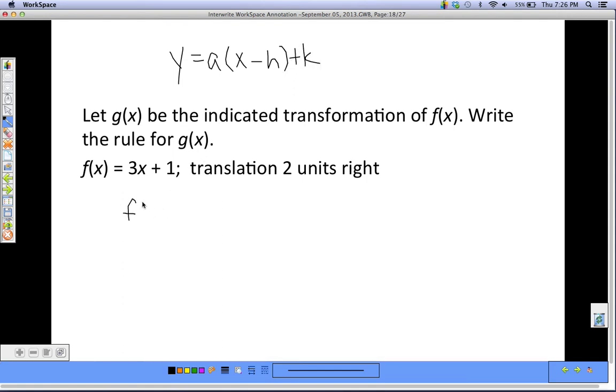So we have g of x equals, we're going to think of that 3 as being outside of our parentheses. So it's going to be 3 times (x minus 2) plus 1. That's all there is to it. Now, those were basics. We will get to doing multiple translations in one equation.